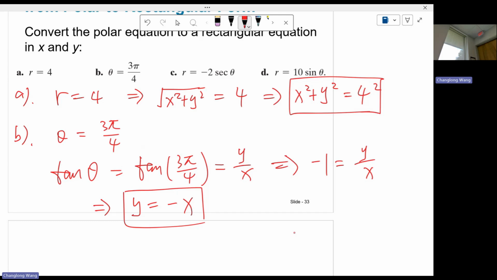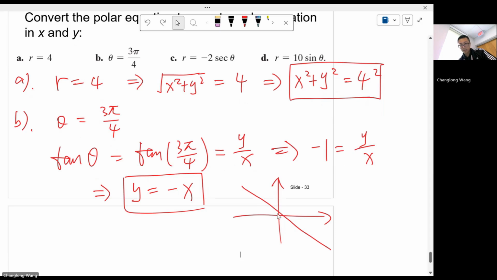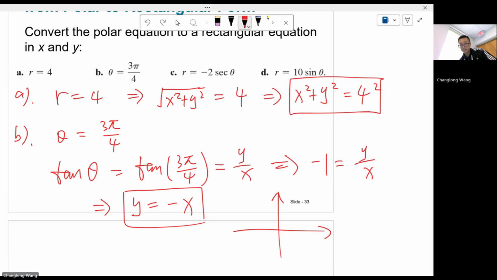That means they all have to line up in a line like this. And the angle is 3 pi over 4. So again, not too bad.